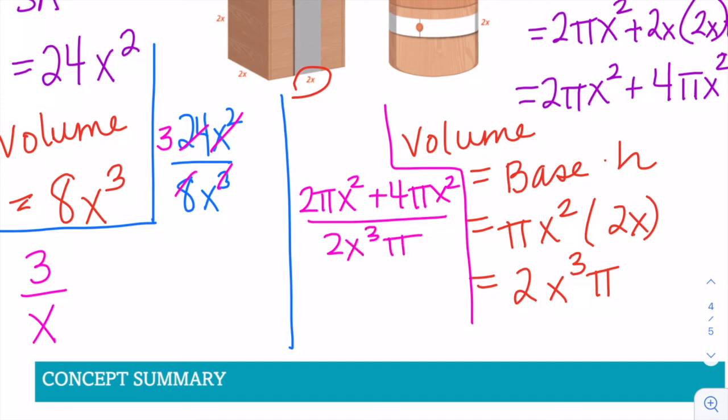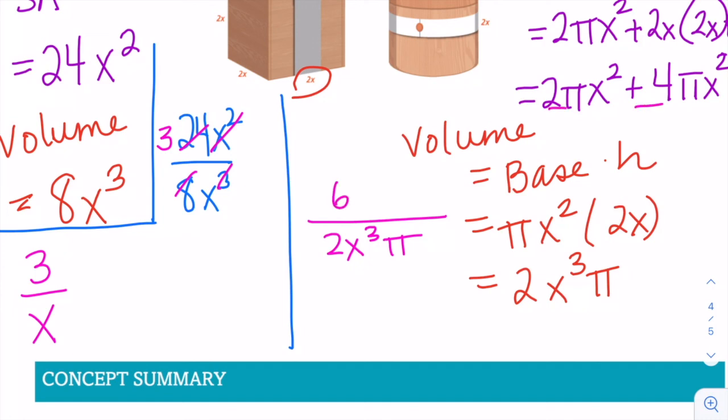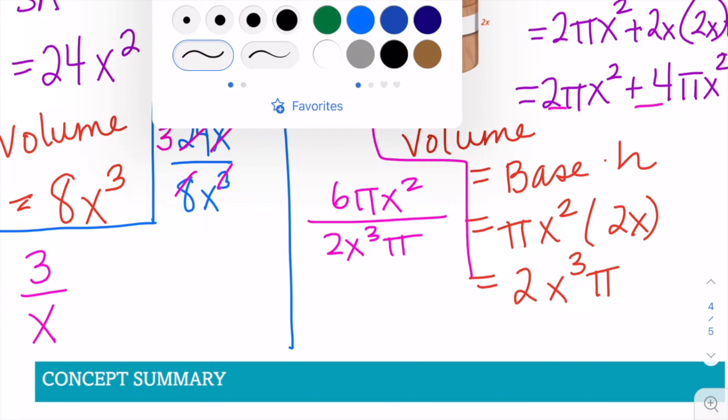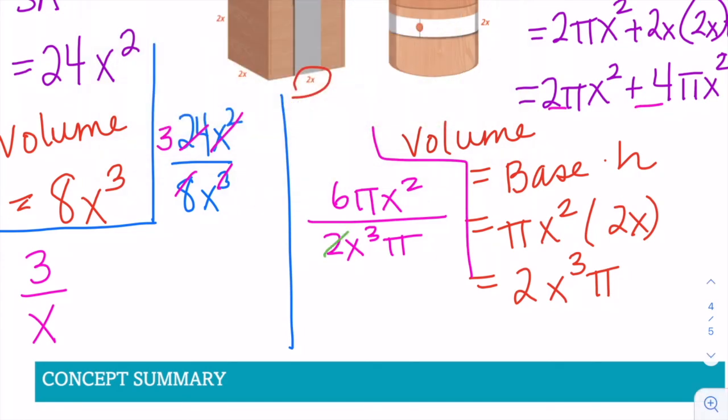And what I should do, actually, I'm going to add these together because they're like terms. So we have 6 pi x squared. Okay, there we go. So now we can reduce this. Looking at the numbers, 2 goes into 6 3 times. The pi's cancel out. And then we have one more x in the bottom, so that's 3 over x.